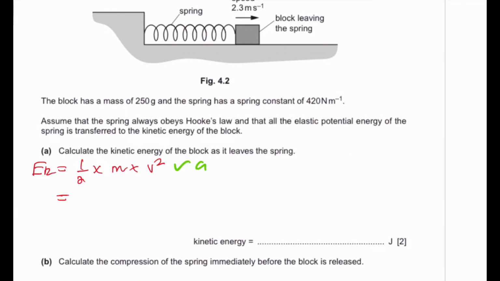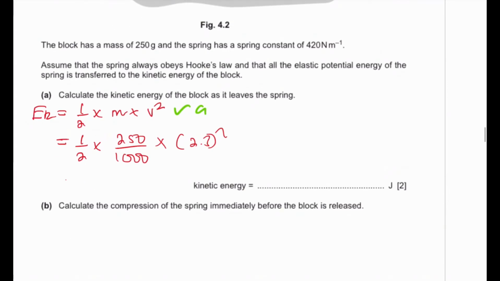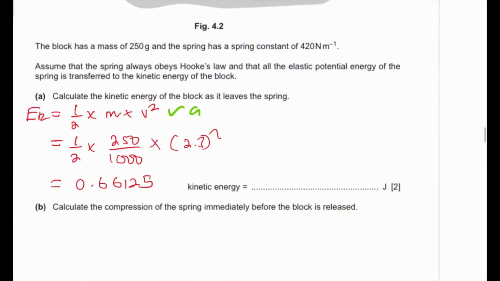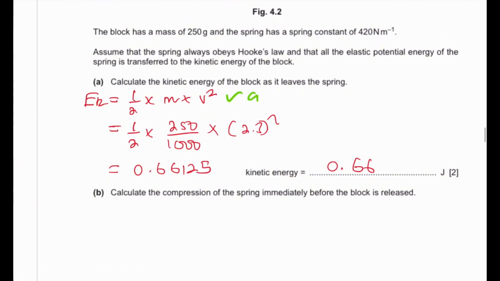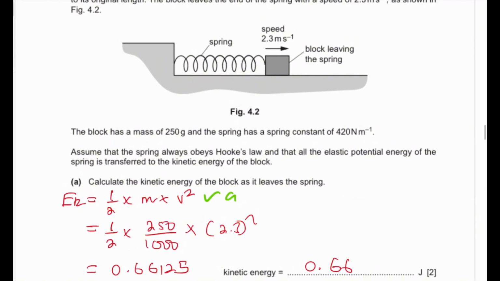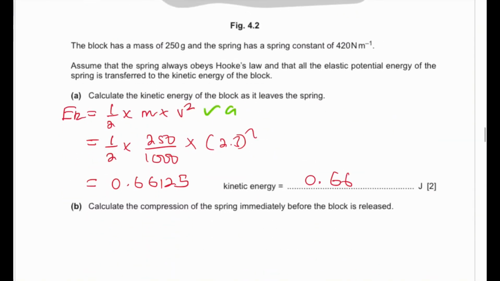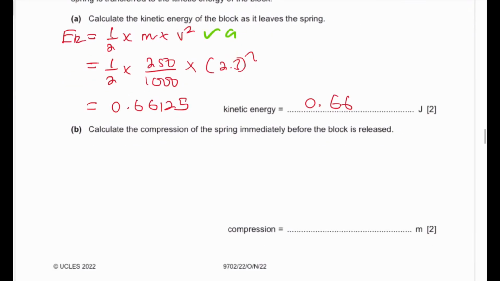Then you find your actual kinetic energy, which is half your mass, 250 divided by 1000, multiplied by your velocity of 2.3 squared. That gives you approximately 0.66125, which to 2SF is 0.66 joules, because your mass and your speed are both 2SF, so your answer should have 2SF.